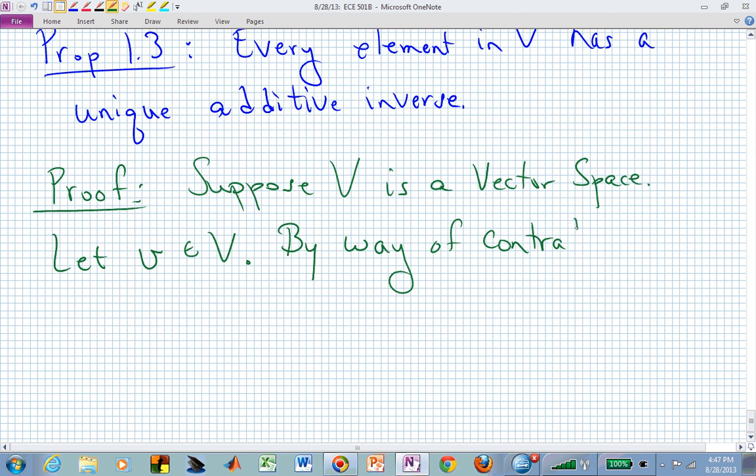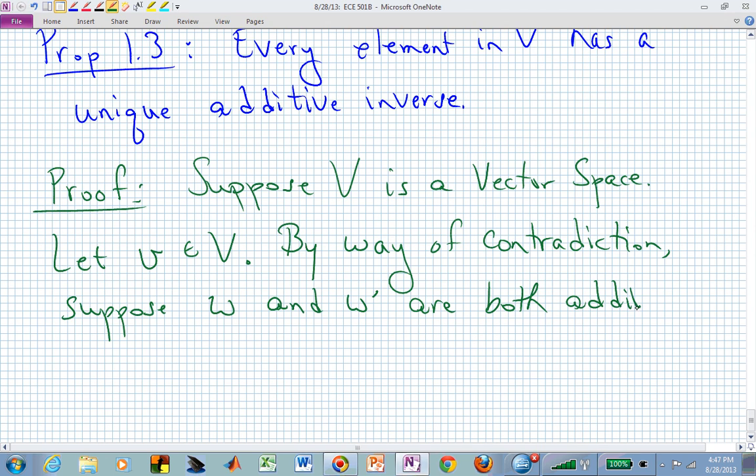So now, by way of contradiction, suppose that w and w prime are both additive inverses of that element v that we picked.